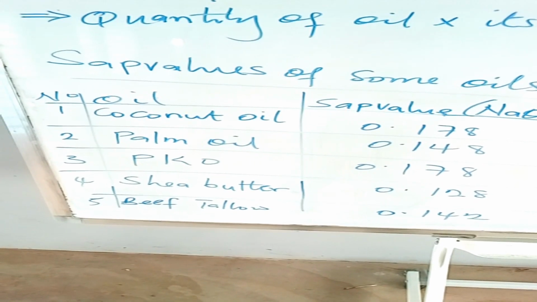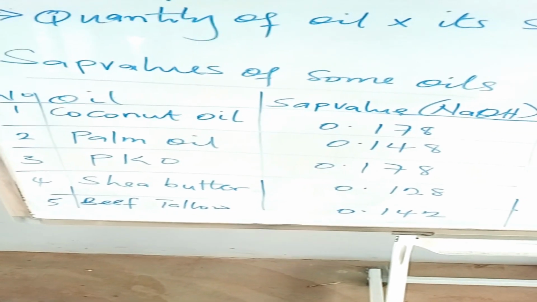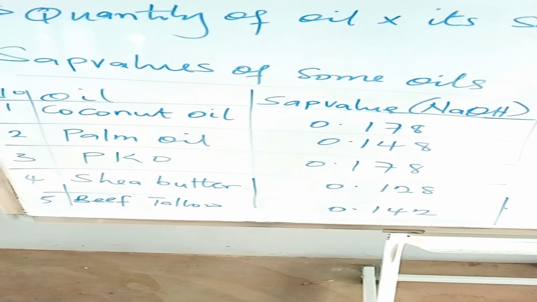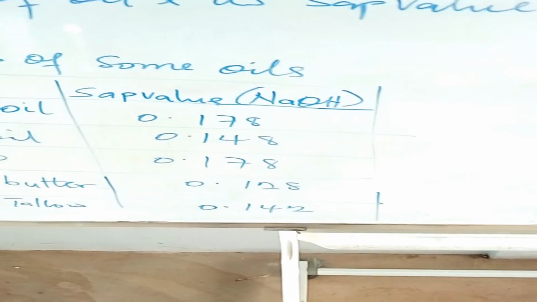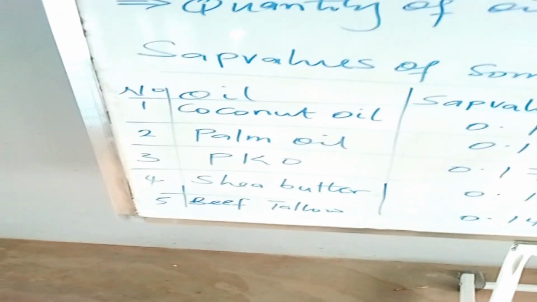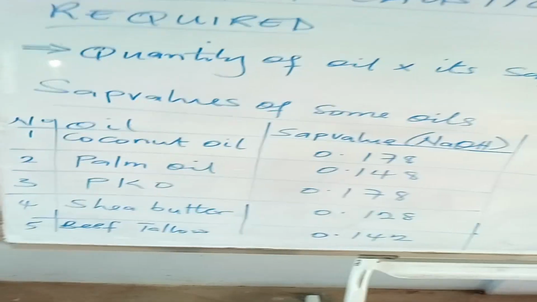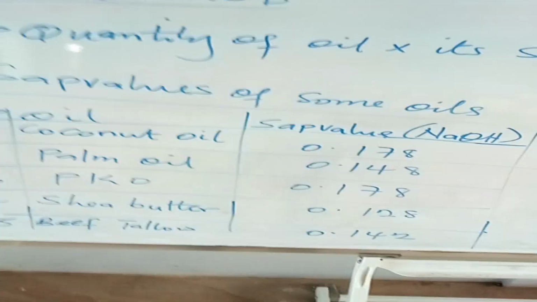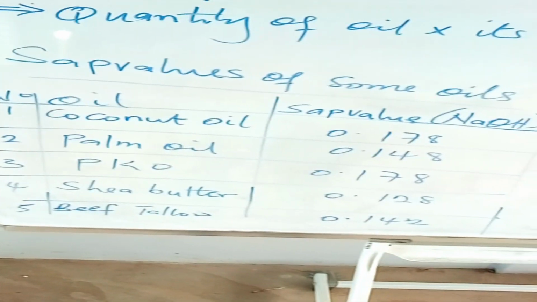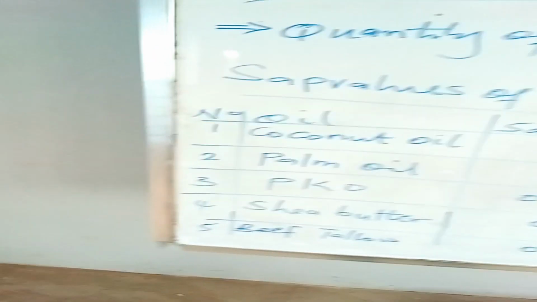The sap values also vary depending on the kind of lye you are using. Here we'll be using caustic soda, but if you are using caustic potash, you have different values for that. So you search for the appropriate values for the type of lye that you'll be using for your soap production.